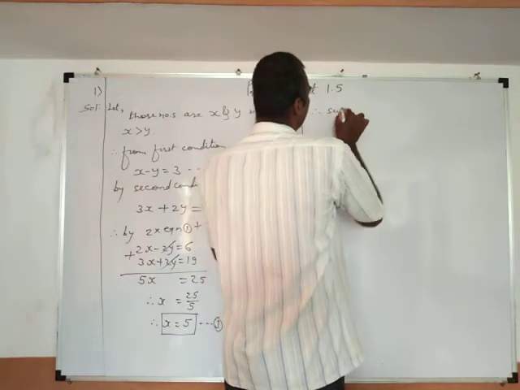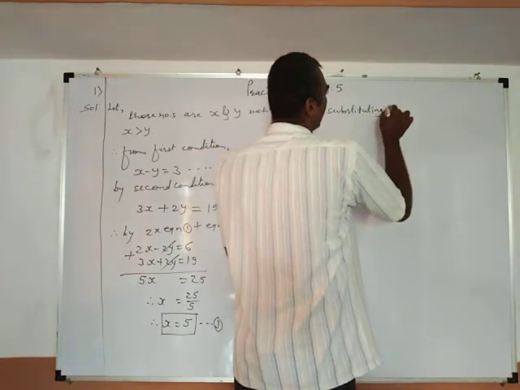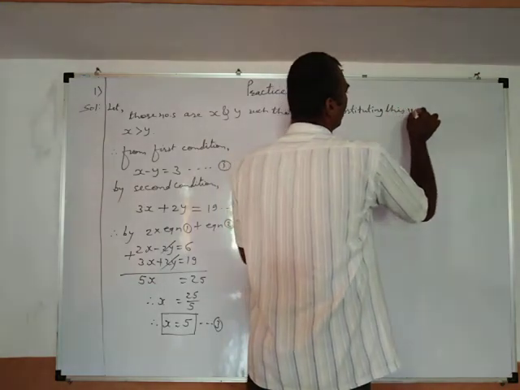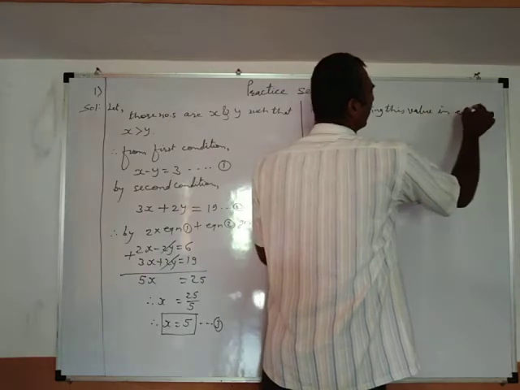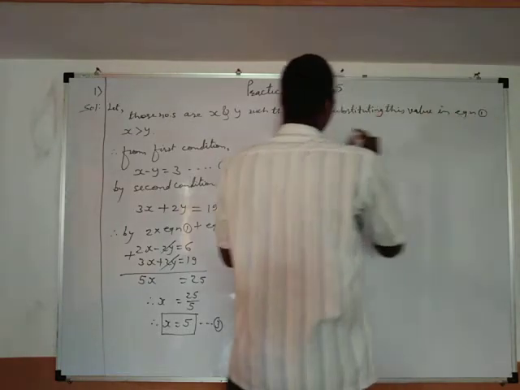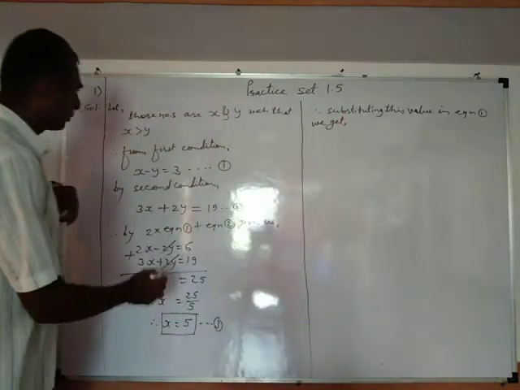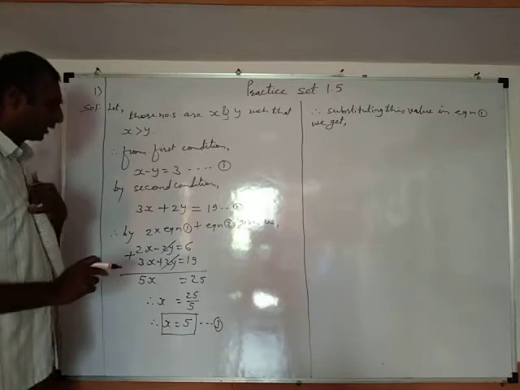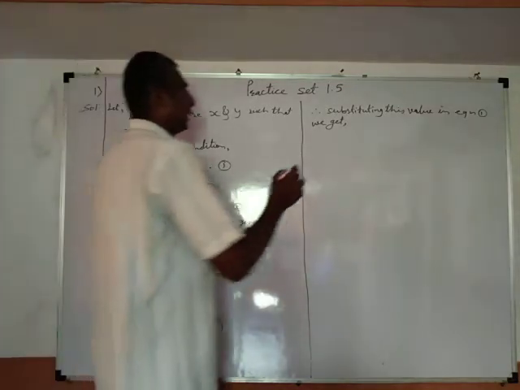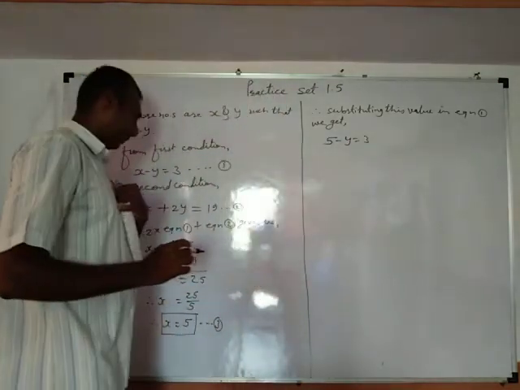Therefore, substituting this value in equation 1, we get, okay, x equal to 5 we are going to substitute in equation 1. x minus y equal to 3. Therefore, it will be 5 minus y equal to 3.